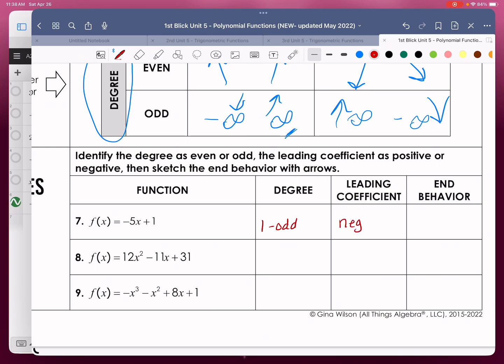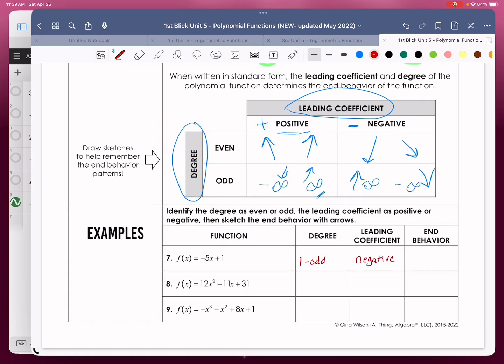It's negative. So what is the end behavior if it is odd and negative? Well, that's going to be right here. So your end behavior is up and then down.